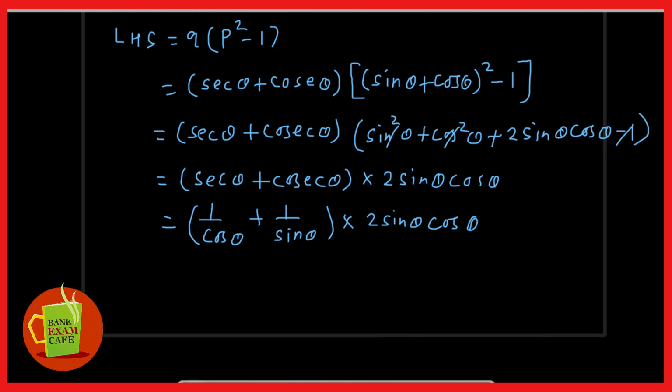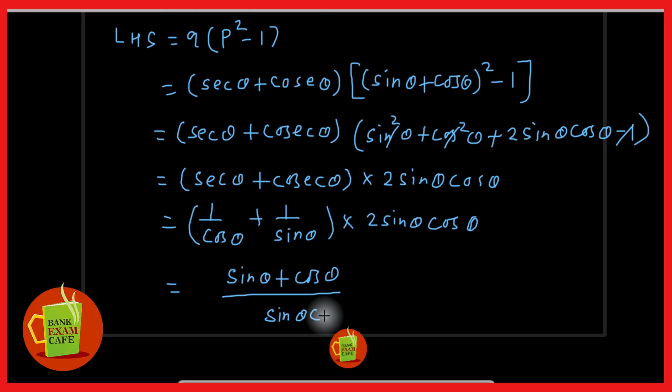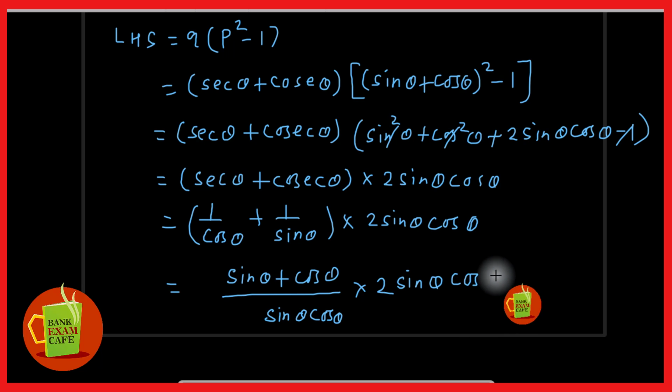And so further this can be solved as here multiply by sin theta, here by cos theta, so it will be sin theta plus cos theta upon LCM will be sin theta cos theta, multiplied by 2 into sin theta cos theta.